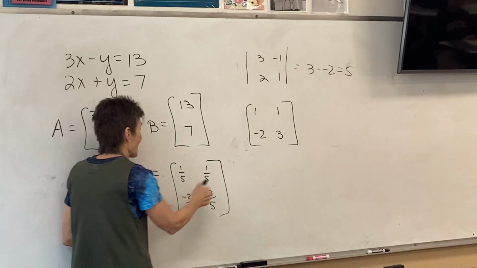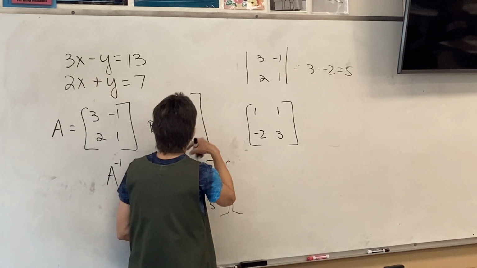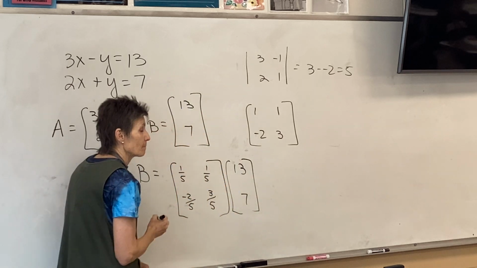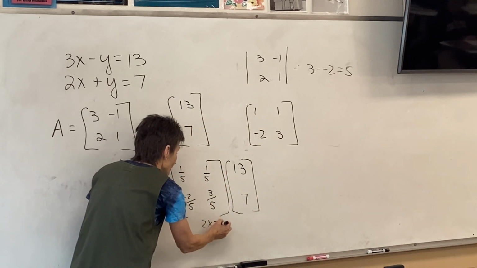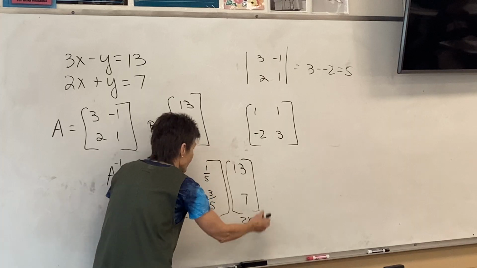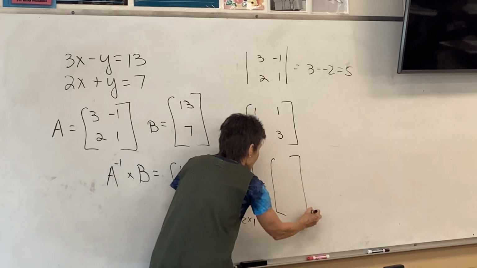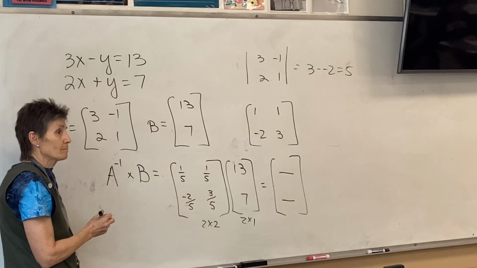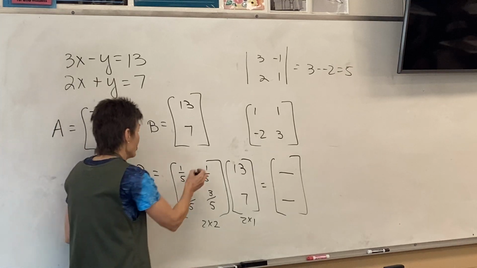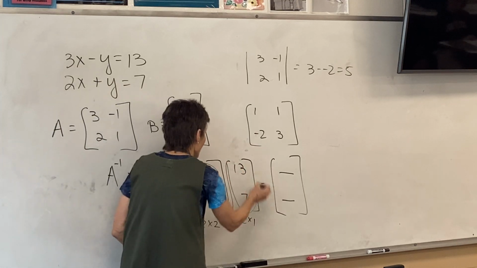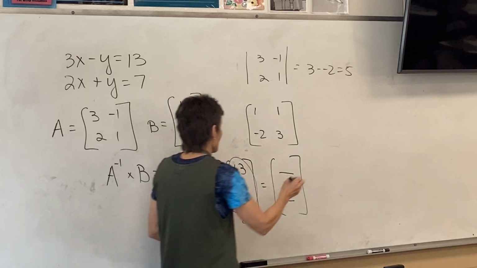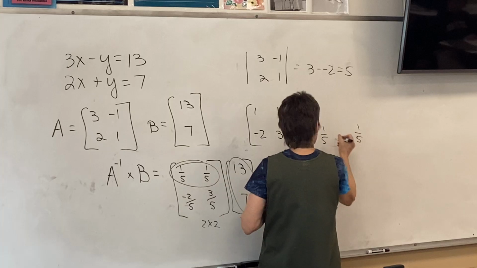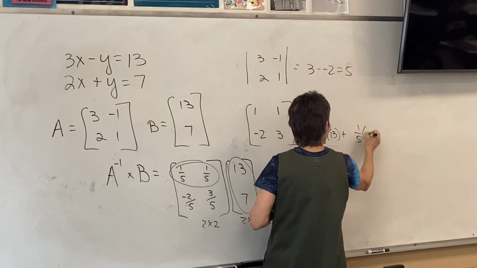Now we have to take that times 13, 7. So you have a 2 by 2 and a 2 by 1. So we're going to end up with another 2 by 1. And we multiply row times column. So we have 1/5, 1/5, that's our row, and then 13, 7.